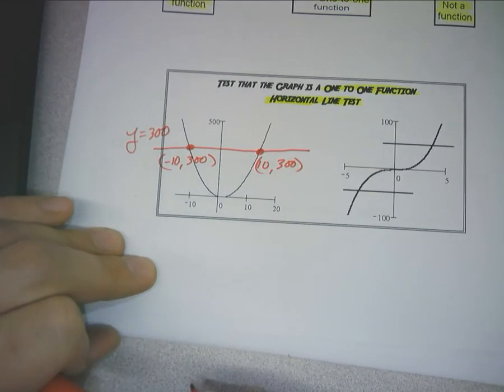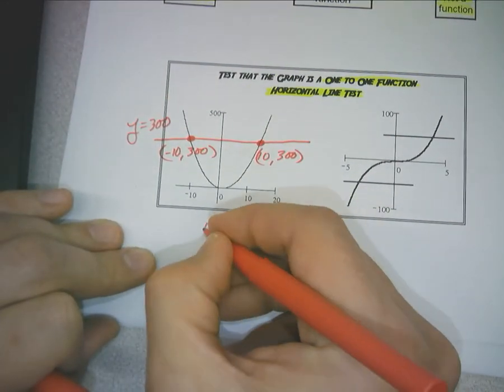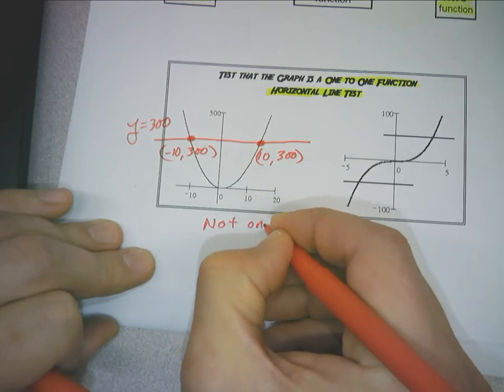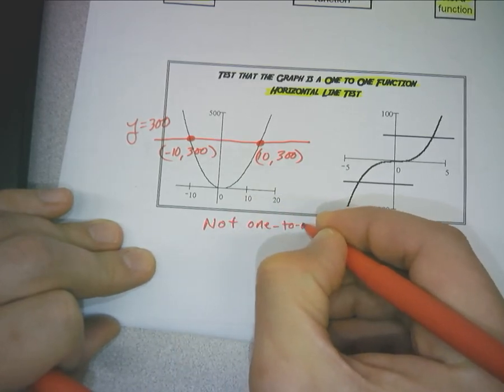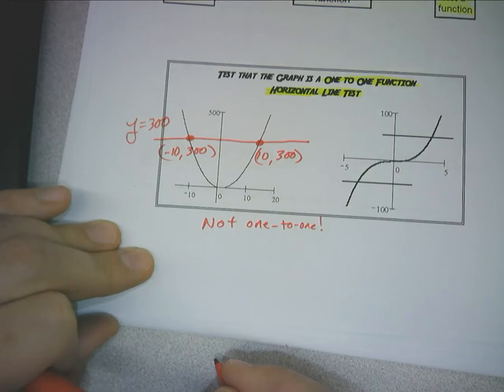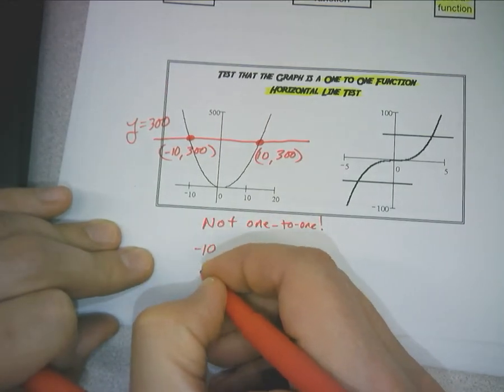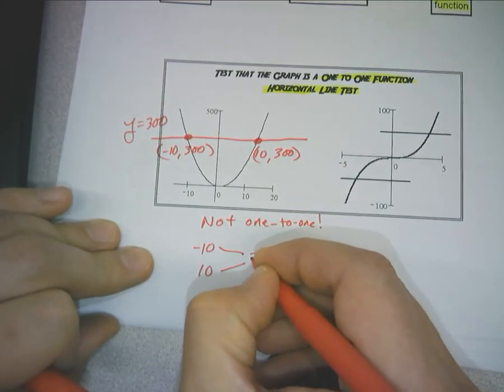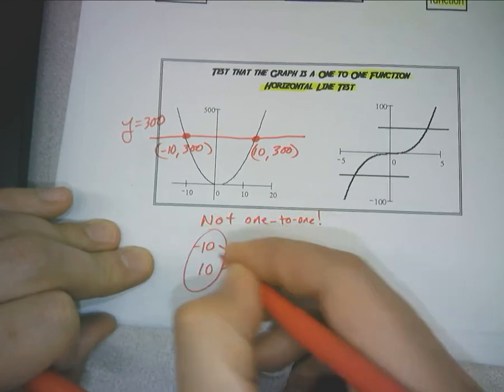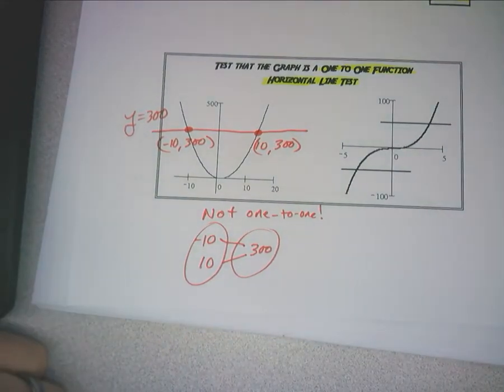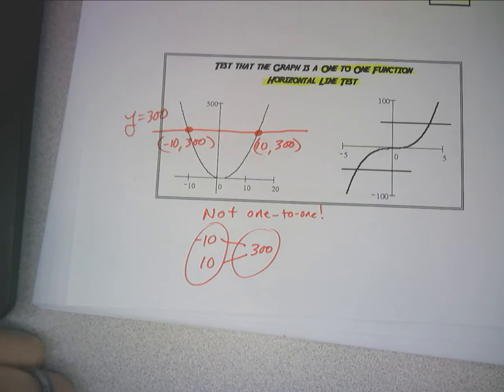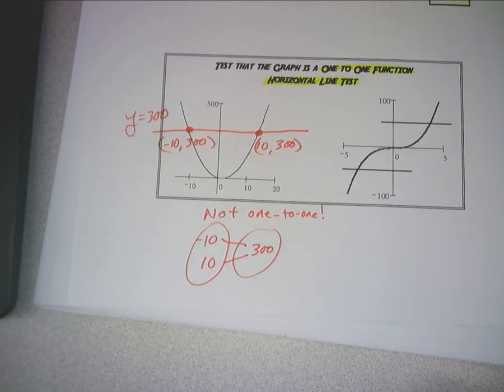Okay. So yes, this is a function, but it's not one-to-one, because negative 10 and 10 are both going to 300. Okay, so not one-to-one. Function, but not one-to-one function.